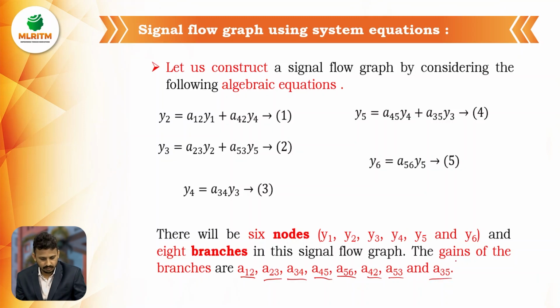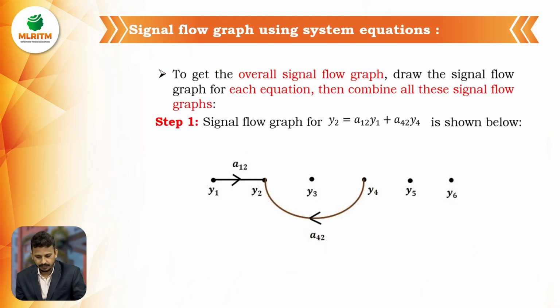Let's see how to construct the signal flow graph. To get the overall signal flow graph, draw a signal flow graph for each equation and then combine all these equations graphically. Okay, step 1, the signal flow graph for the first equation, that is y2 is equal to a12 y1 plus a42 y4, is shown below.